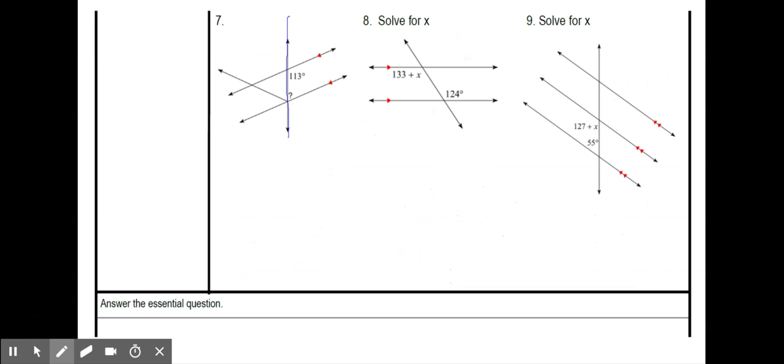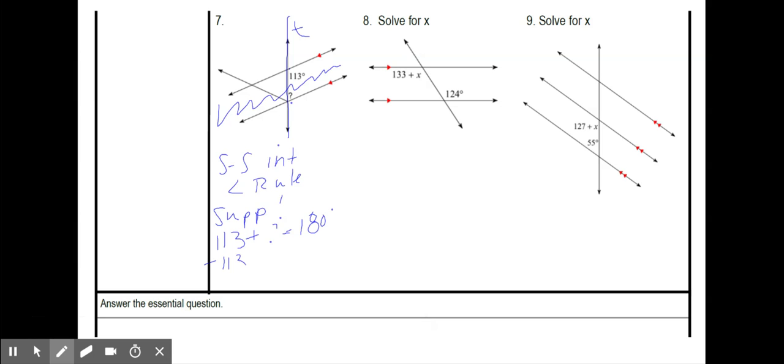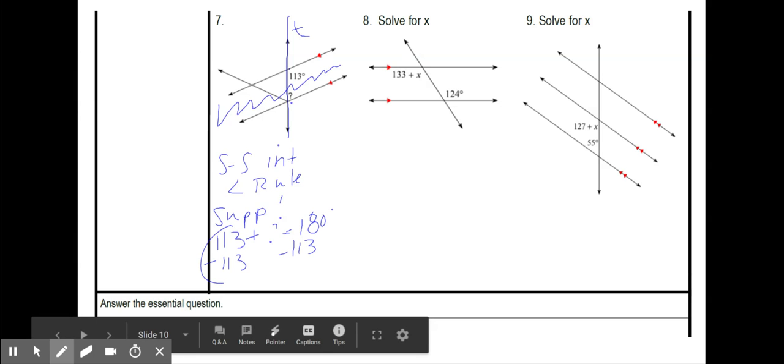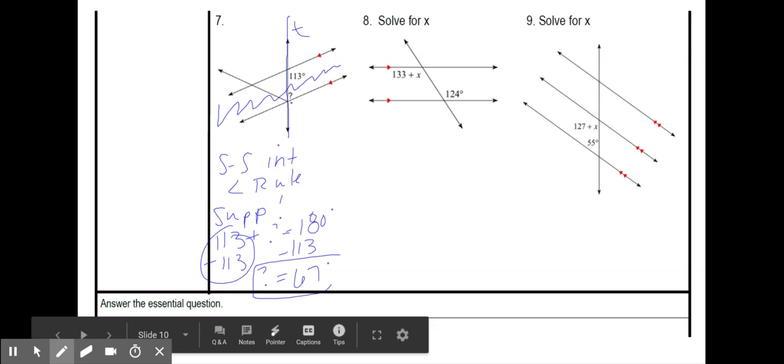Oh no. But if we find our transversal and we find the inside of our parallel lines, I can see now that I've marked up my figure that I have same side interior angle rule, which says that they're supplementary. So 113 plus question mark is equal to 180 degrees. So if I subtract 113, I see question mark is going to be equal to 67 degrees.